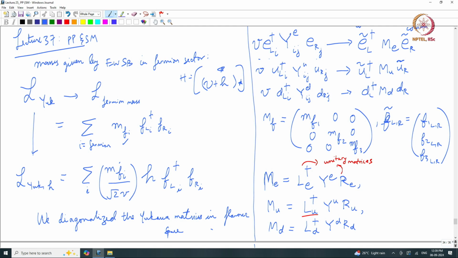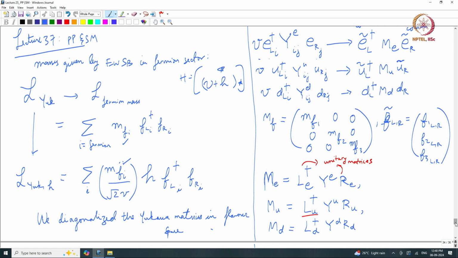One more consequence was that the Higgs boson itself, the small h, now had its own Yukawa sector with couplings given by these quantities. This is proportional to the original Yukawas that we began with.